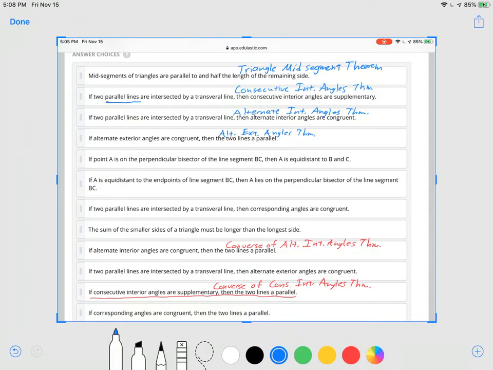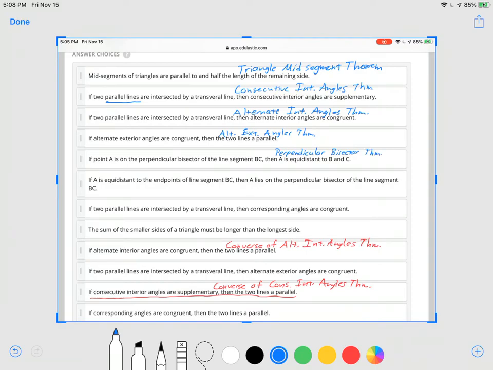So it says if point A is on the perpendicular bisector of the line segment BC, then A is equidistant to B and to C. This is the perpendicular bisector theorem.